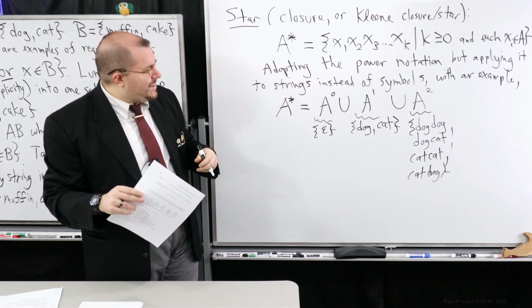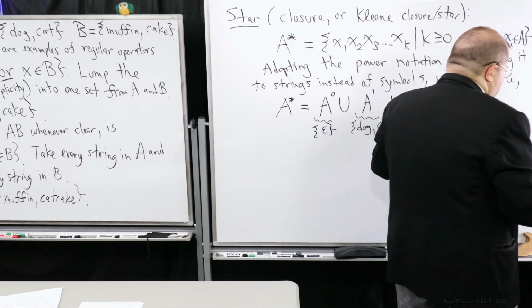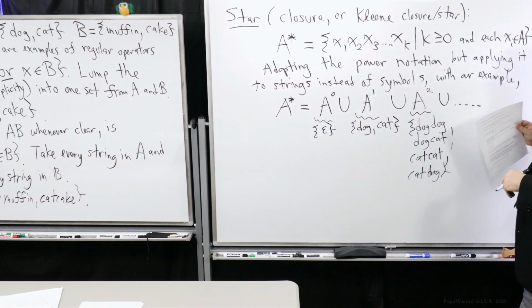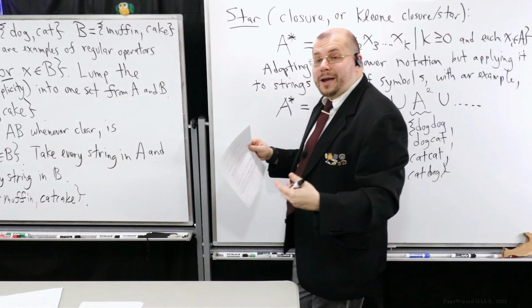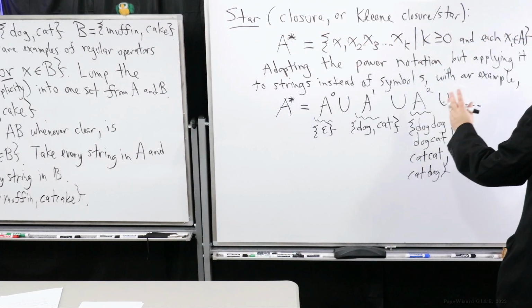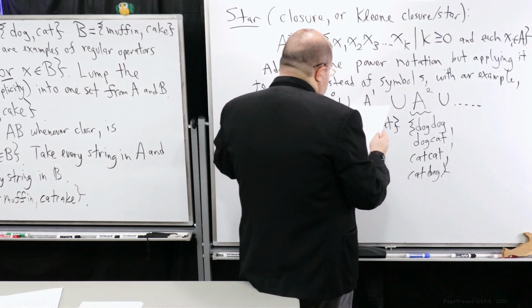That's all it says. So that's what A squared, I guess, would be. And you'd keep repeating this process, akin to what we saw when we used the star operator on an alphabet. Same idea, just instead now we're picking out strings from the language and concatenating them with each other.